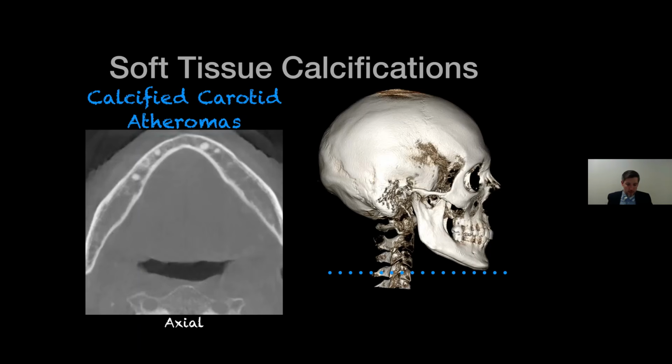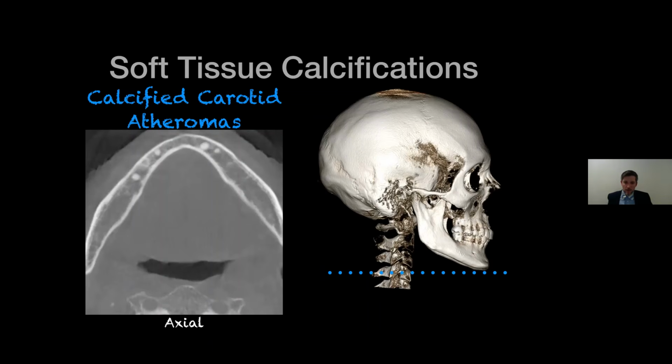So these are calcified carotid atheromas. Patients with these are more predisposed to having an increased risk for coronary artery disease and stroke. When I find these, the patients are usually already being managed by their physician and taking antihypertensives. So this is just something you document and let the patient know that you found it.